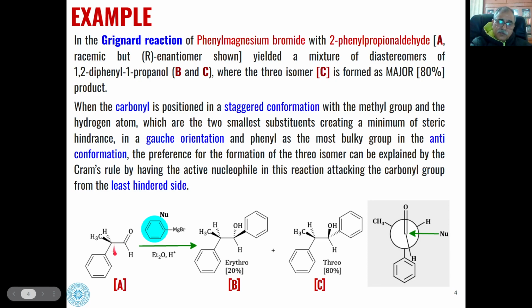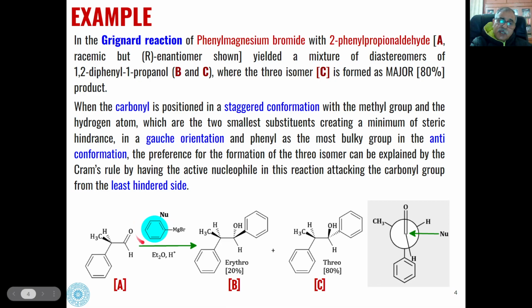Here, in the case of the R enantiomer, if this reaction is to follow Cram's rule, this will be the conformation in which this aldehyde will react with the Grignard reagent.